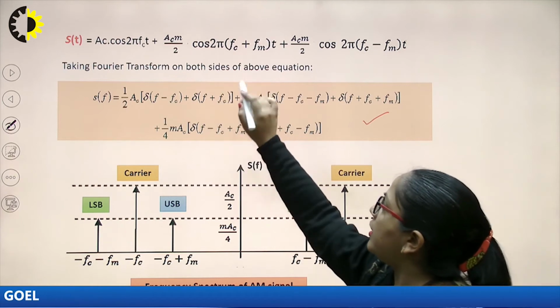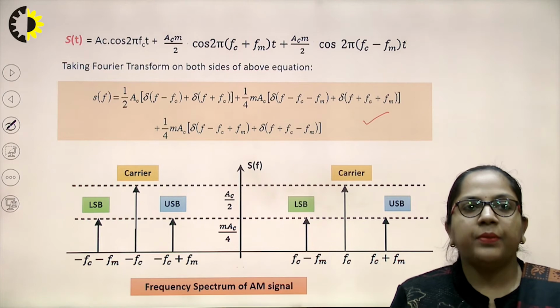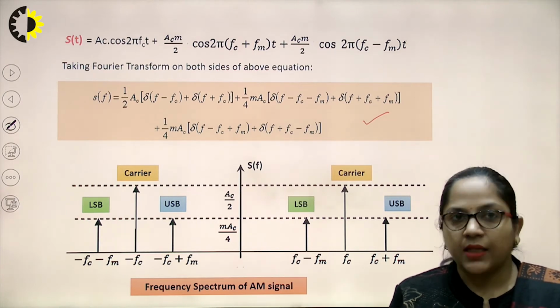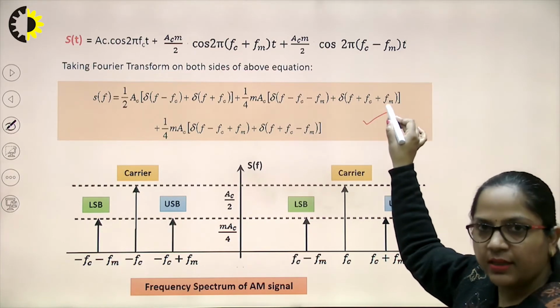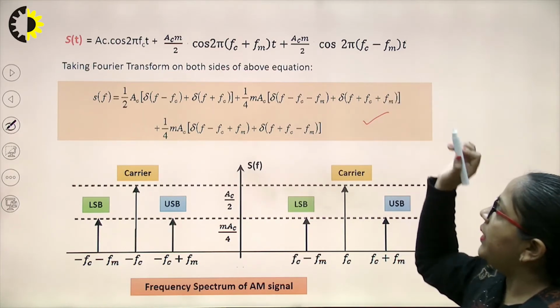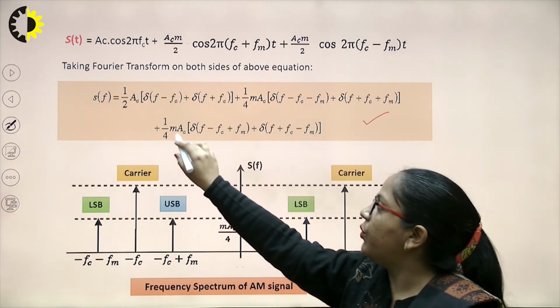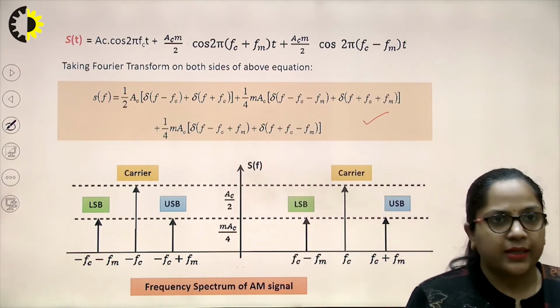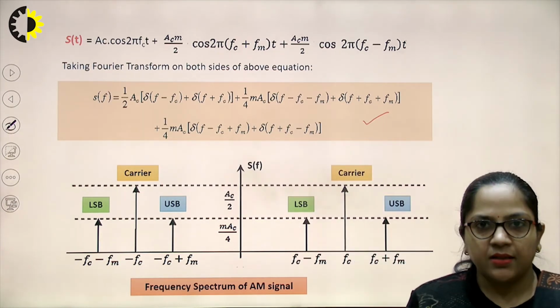Similarly, the Fourier transform of the second term will become 1 by 4 m AC [delta of f minus fc minus fm plus delta of f plus fc plus fm]. Similarly, the Fourier transform of the third term equals 1 by 4 m AC [delta of f minus fc plus fm plus delta of f plus fc minus fm].